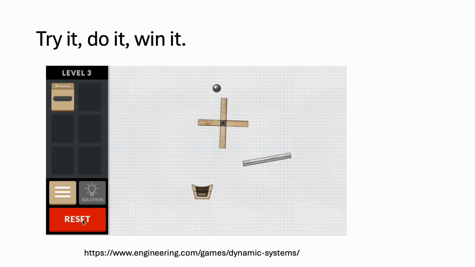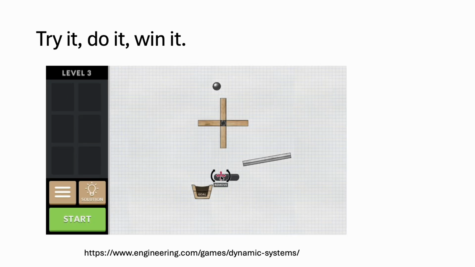Last one is some practice. I like this online game, which basically practices the idea of the Rube Goldberg machine. Let me show this one for you. This is a very simple machine, a simple game. It has multiple tasks, right?